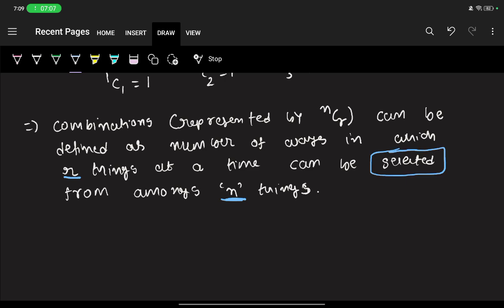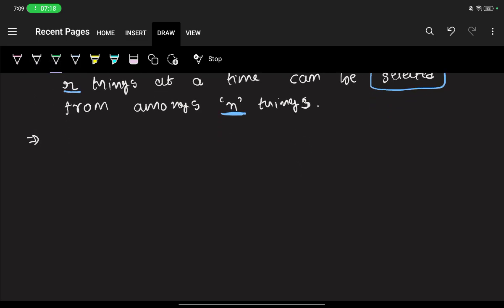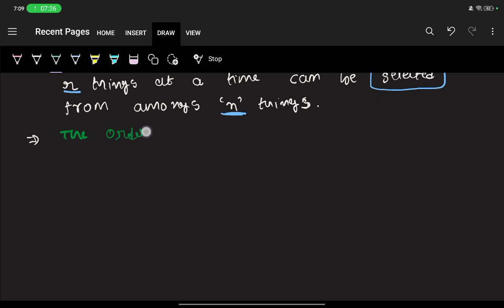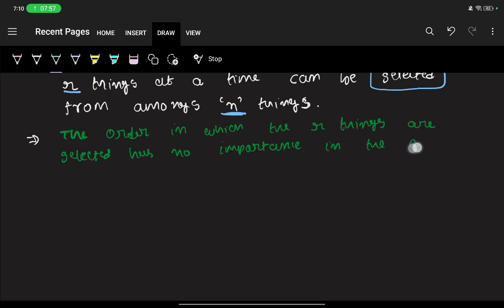Please understand here that the order in which the r things are selected has no importance in the counting of combinations.